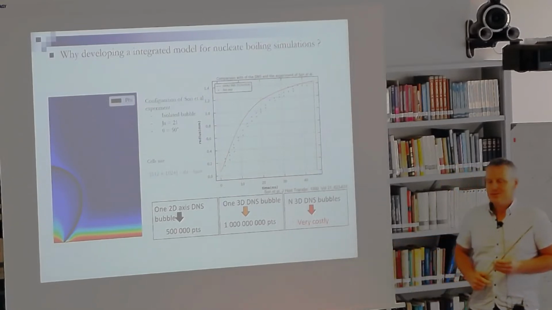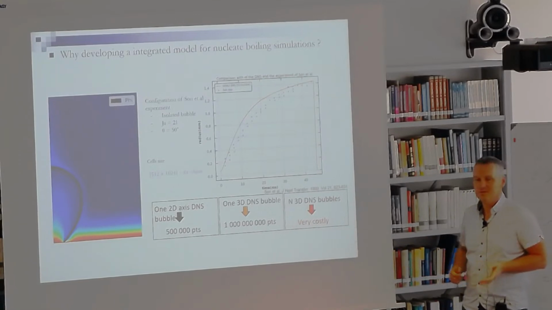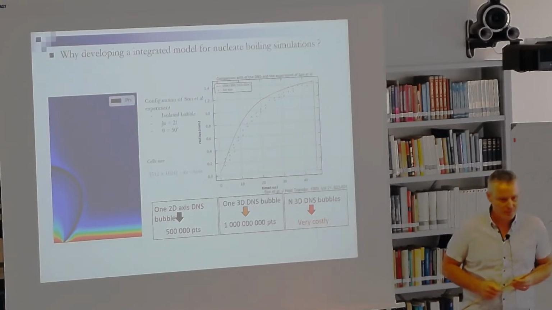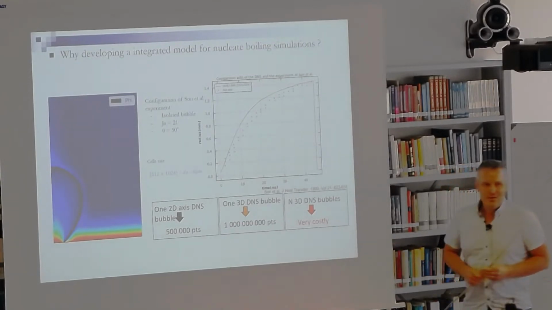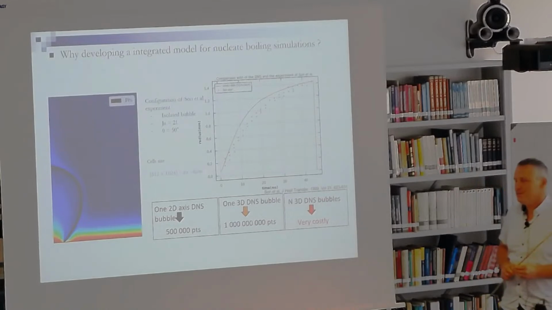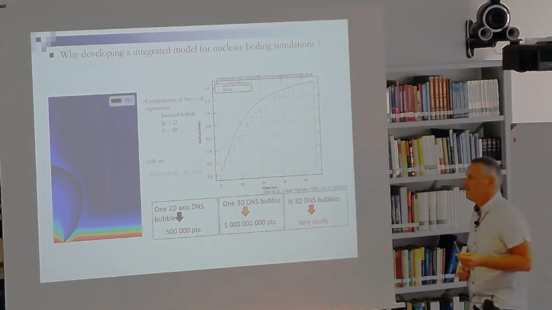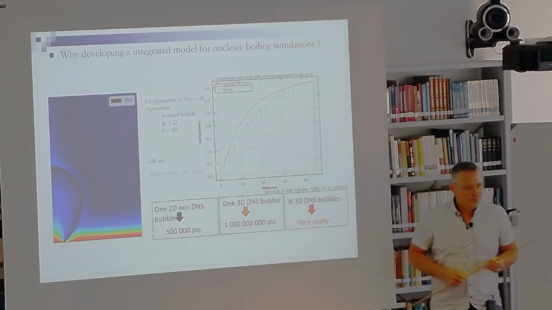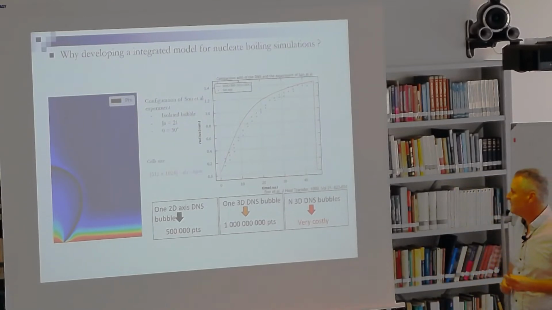And if we are interested in several bubbles, it becomes too costly from the point of view of computational resources. So there are two means to overcome this issue. You can try to use an adaptive grid to have more bubbles and to refine locally only at the interface. And I think there is a very good code developed here for that kind of thing, Basilisk.